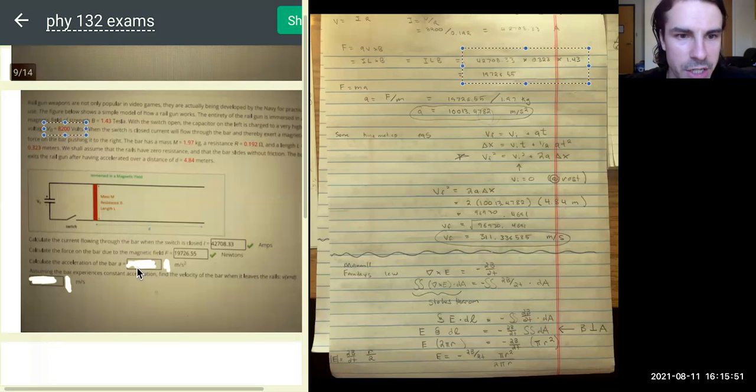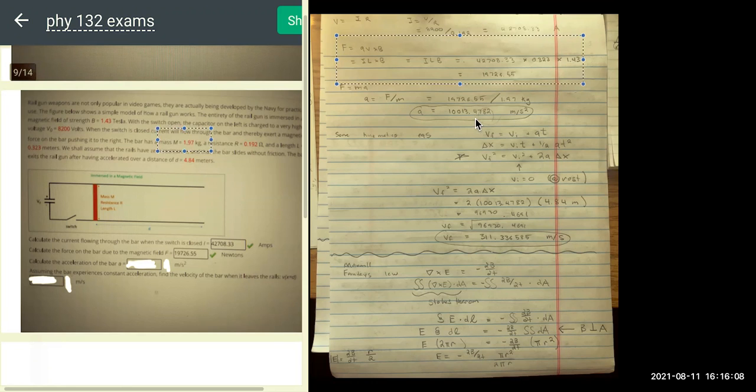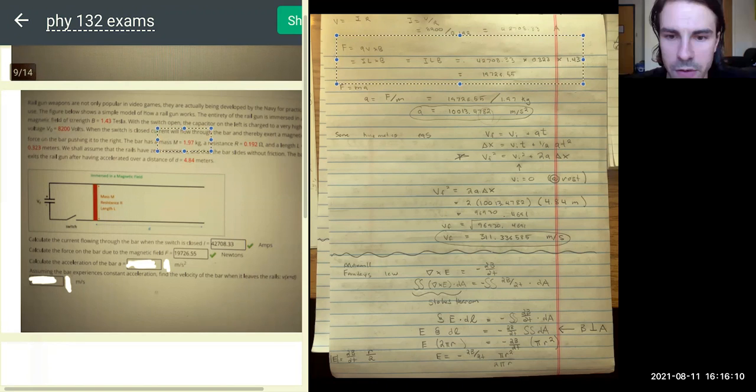Then for acceleration, I just did F equals ma and rearranged it, so A equals the force over the mass. The force we got from this equation, and the mass I got from here. Yeah, 1.97.